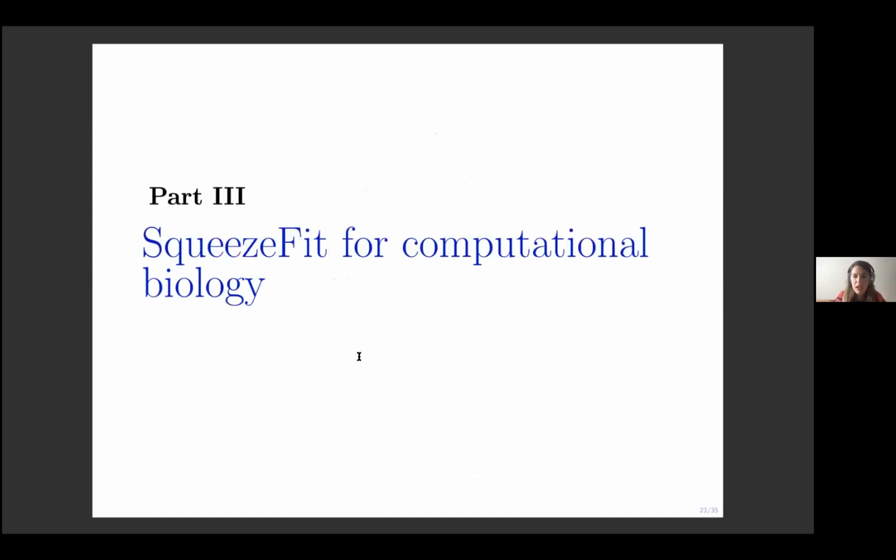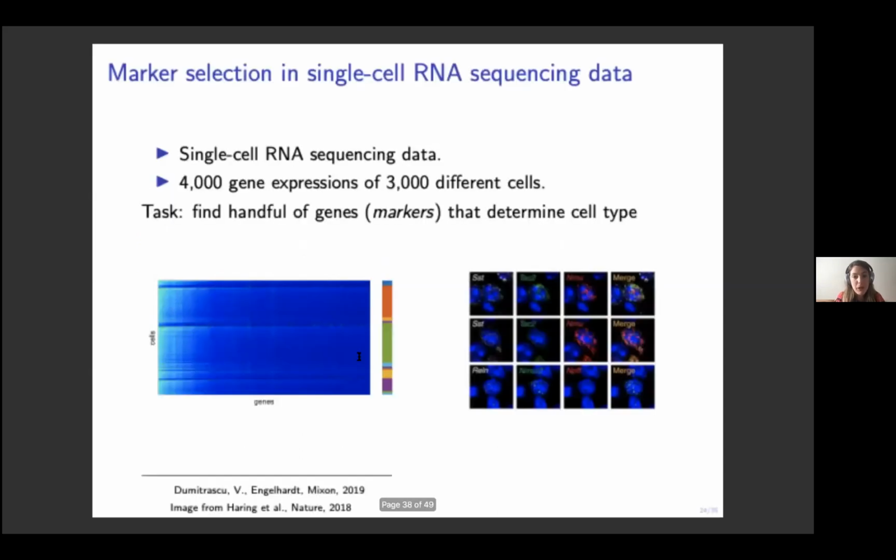And now, going to the marker selection problem, we were interested in this data set. Here is a smaller data set where we have 4,000 gene expressions of 3,000 different cells. And the task is to find markers that determine the cell type.